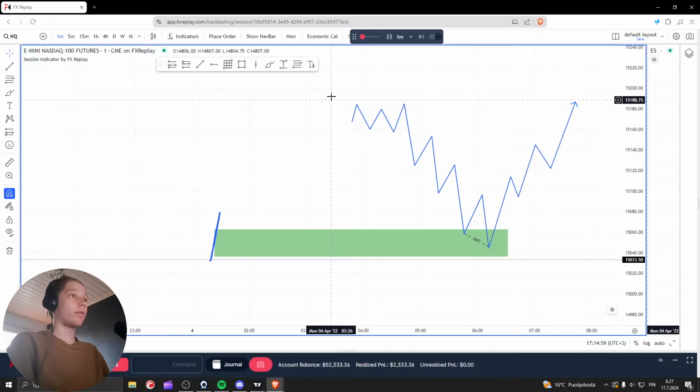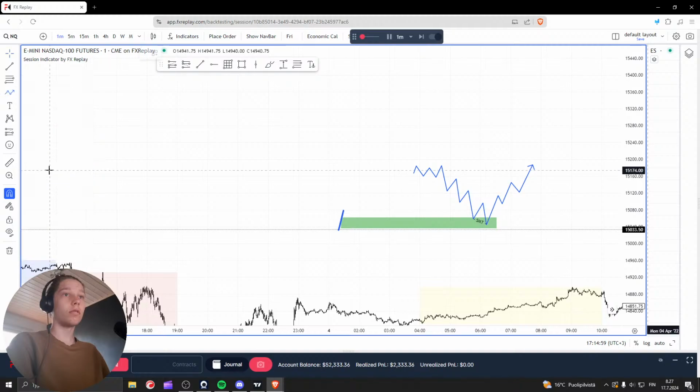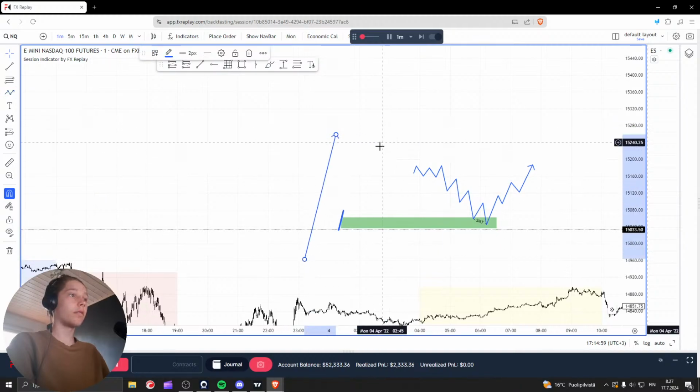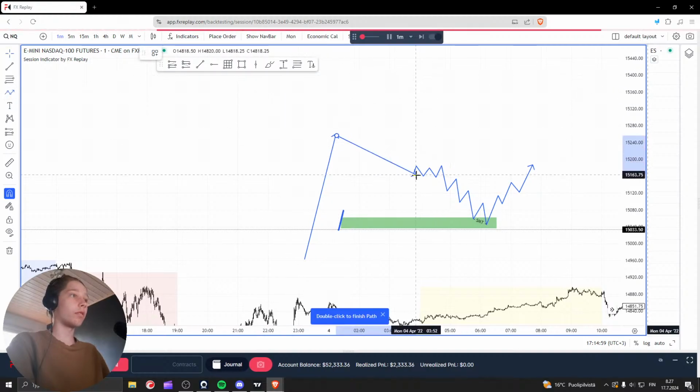And the fair value gap needs to be, let's say this is the current range that we were trading in, and from here we started trading down.